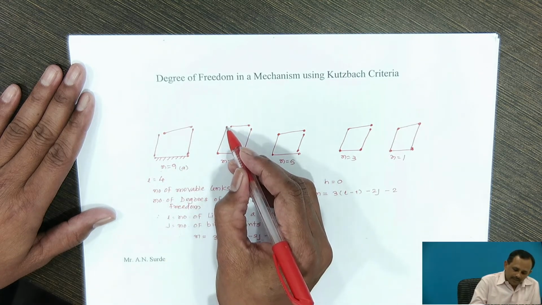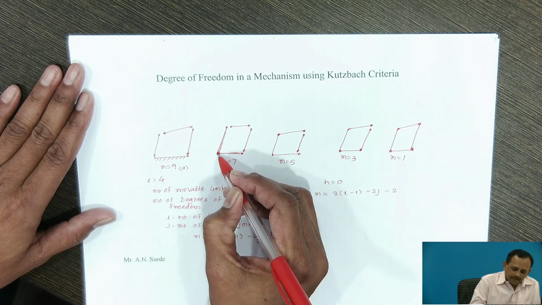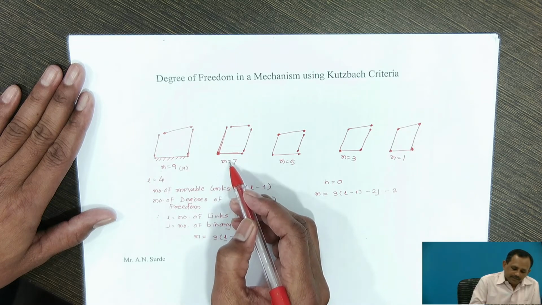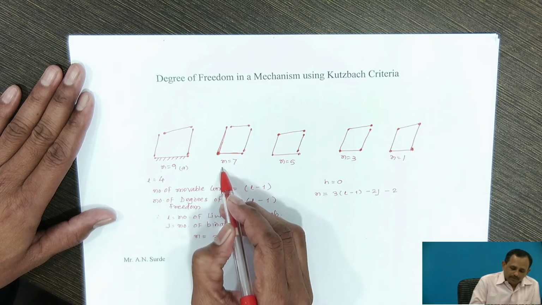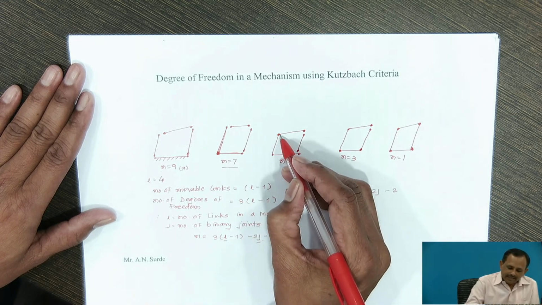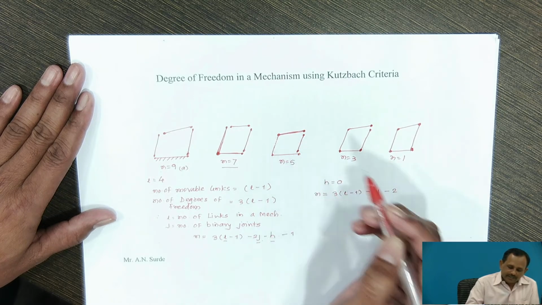Now when one of the links is connected with the fixed link, the number of degrees of freedom is reduced by 2. So the number of degrees of freedom is 7. Once again another link is connected to the second one.